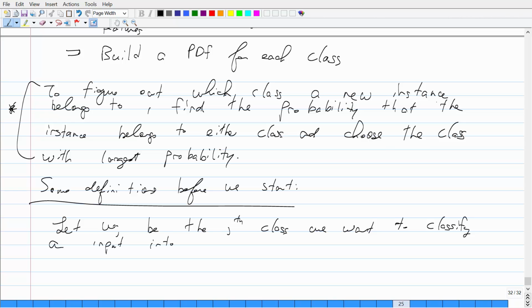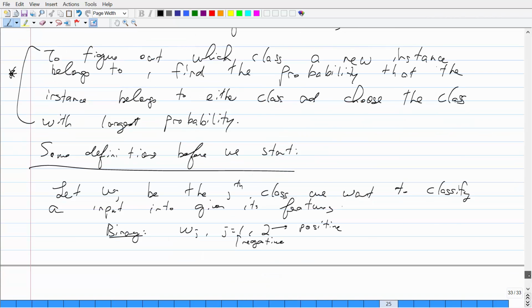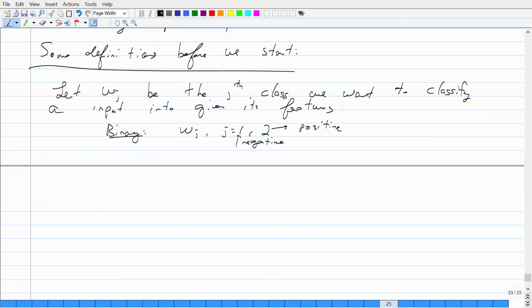For binary, we're going to do one notation here: omega 1 would be the negative class and omega 2 would be the positive class, to classify into given its features. So for binary, we're going to take a look at omega j, where j is equal to 1 and 2. So this is the negative, and this is the positive. Okay, positive, negative, binary for now. So this is the first definition.